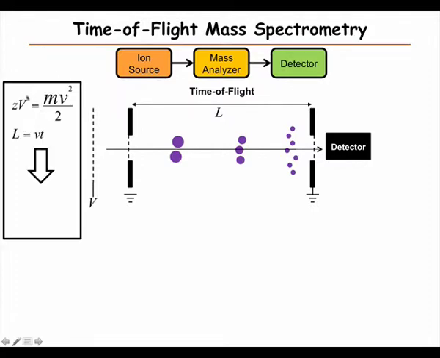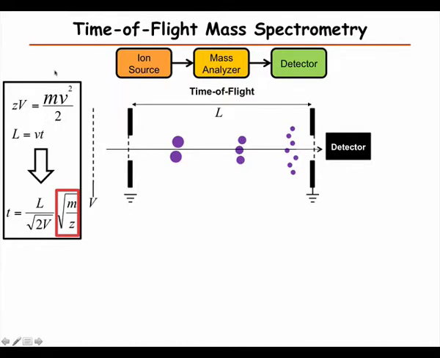So charge times the potential is equal to the kinetic energy, m times the velocity squared divided by 2. And the length of our tube is the velocity times the time. Here we can see how the mass to charge is related to the flight time down this tube.